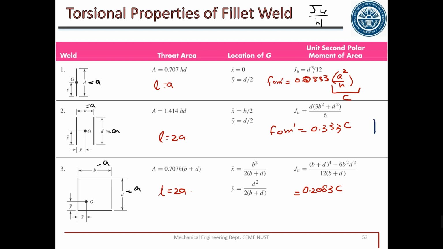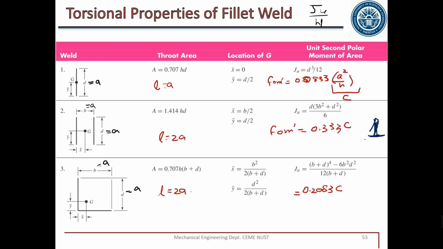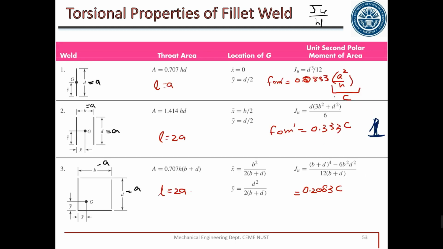So the rank of this value is 1, and this also has a rank of 1. What is the second value? Out of these, this is the second rank value. Third rank value is this 0.25. Then we have this value, and the last value is this.